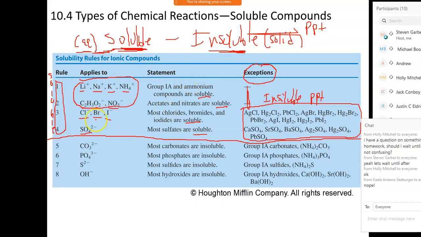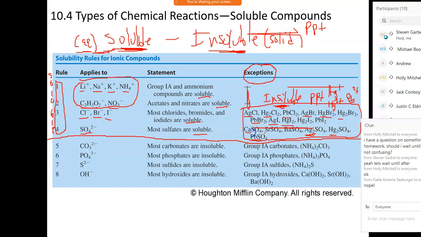However, if you have a halogen or a sulfate, notice if you have a silver, mercury, or lead. Silver, which has a plus, mercury, which has a 2 plus, and lead, Pb 2 plus. They are insoluble. Same thing here. Silver, mercury, and lead. Insoluble.